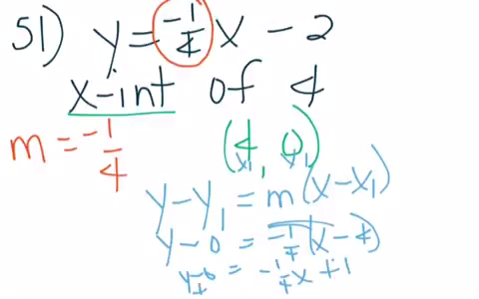Then add 0 to both sides. So your equation is y equals negative 1/4 x plus 1. Sorry, that's pretty sloppy there, but hopefully you can read it.